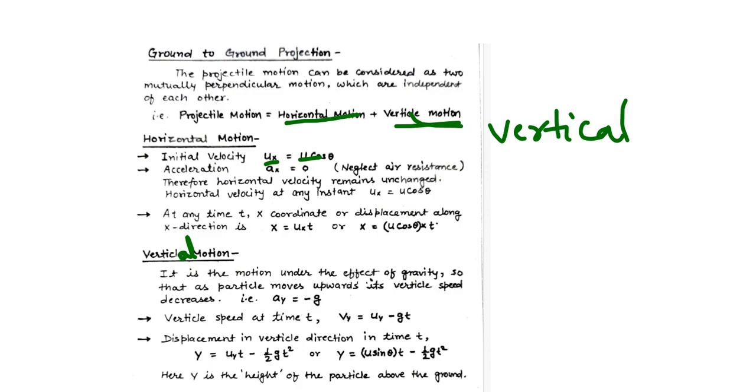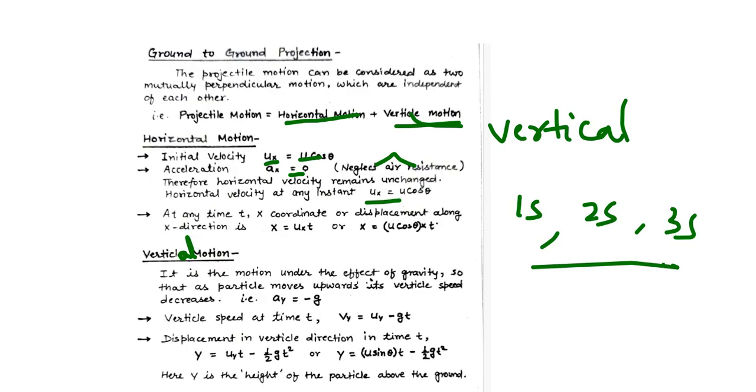The x component of acceleration is equal to 0. How? We are neglecting air resistance. So horizontal velocity remains unchanged. It is always the same. At any instant of time, at 1 second, 2 seconds, 3 seconds, the horizontal component of velocity remains u cos theta.